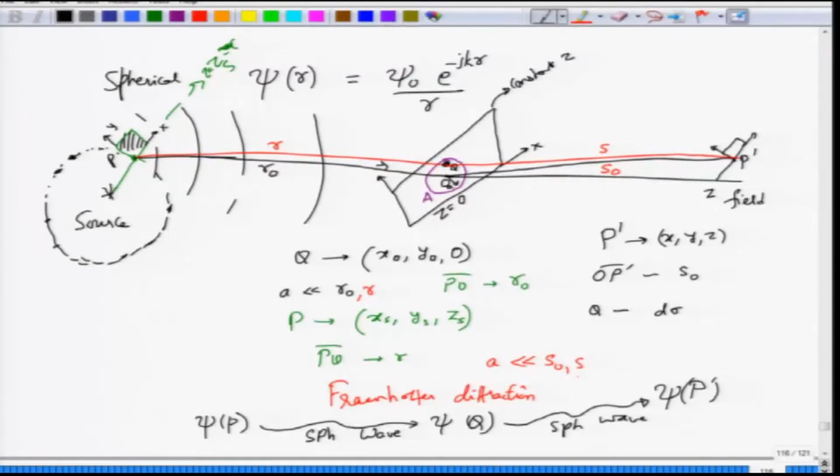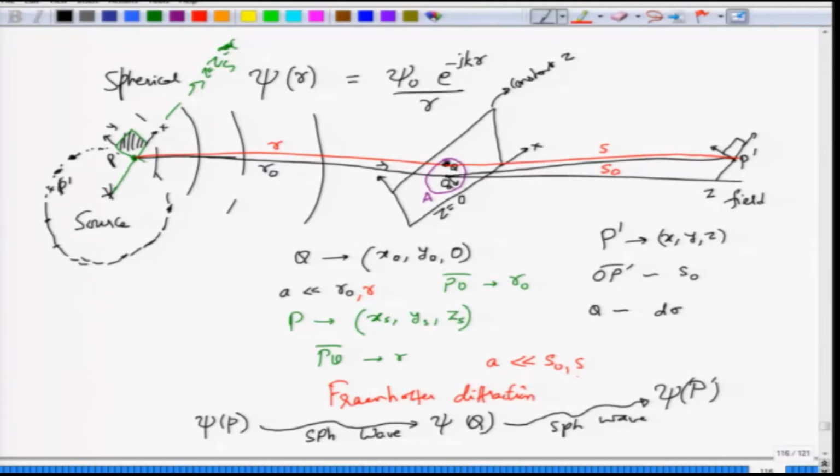Okay. You could of course observe two things. One, we have neglected the obliqueness factor from P prime to Q, that is we have not yet written that, but we are going to neglect it in the sense that whenever I write this P prime to Q, the direction of that P prime Q vector or line must also be taken into account, because P to Q and of course Q to P prime, that is the same second observation, they will be different if you go to a different point.